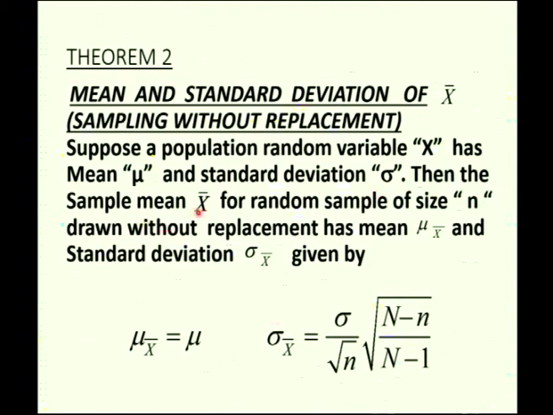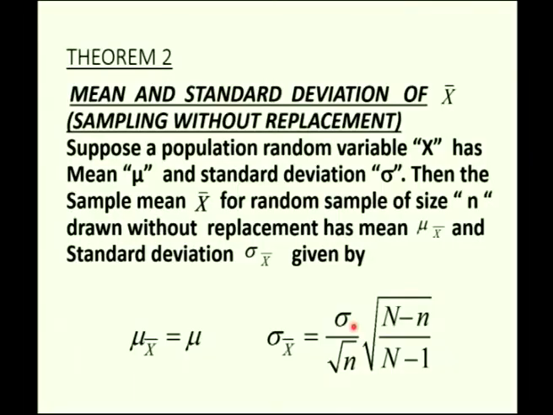Then the sample mean x bar for a random sample of size n drawn without replacement has mean mu x bar and standard deviation sigma x bar given by mu x bar is equal to mu and sigma x bar is equal to sigma by root n into root of (capital N minus small n) divided by (N minus 1). This is called a correction factor for the standard deviation. This is used when the population is finite.